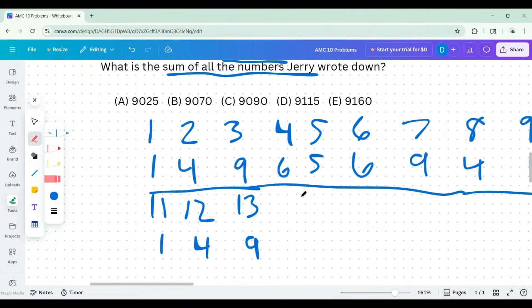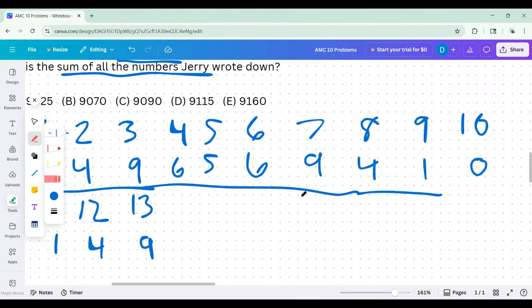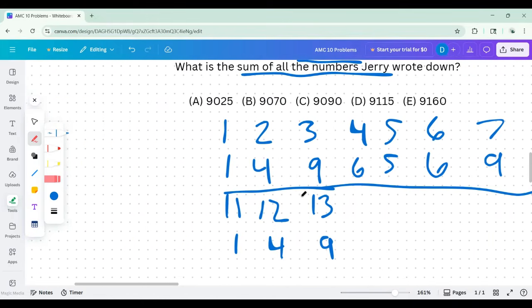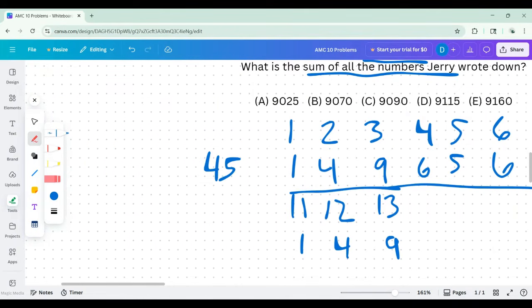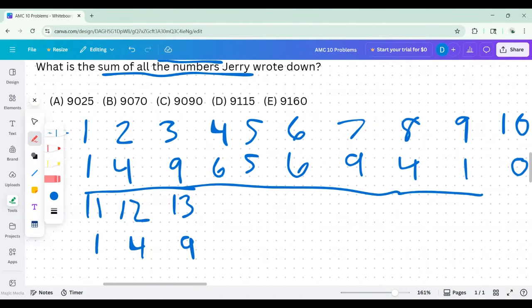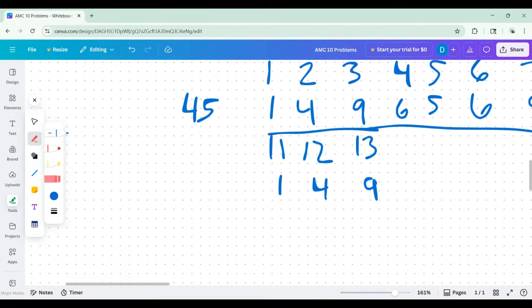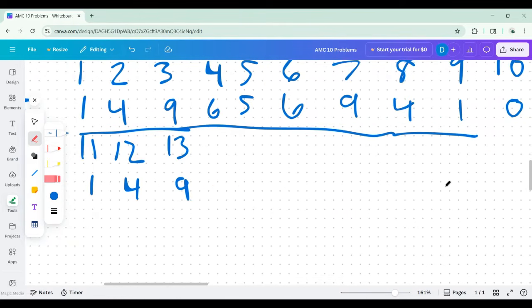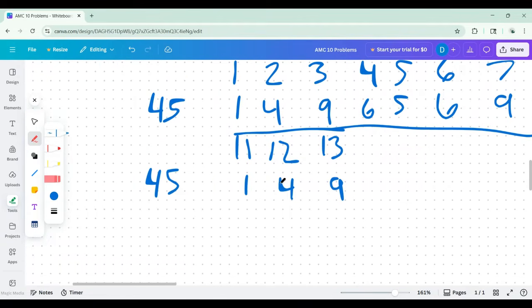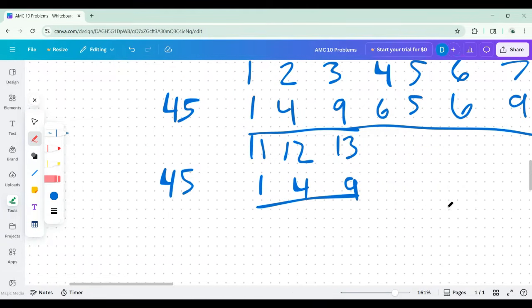So 1 plus 4 is 5, plus 9, 14, plus 6, 20, 25, 31, 40, 44, 41, 40, 45. So the sum of the units digits for the squares of the first 10 numbers is 45. And then the numbers 11 through 20 also have the same sum because they have the same units digits.